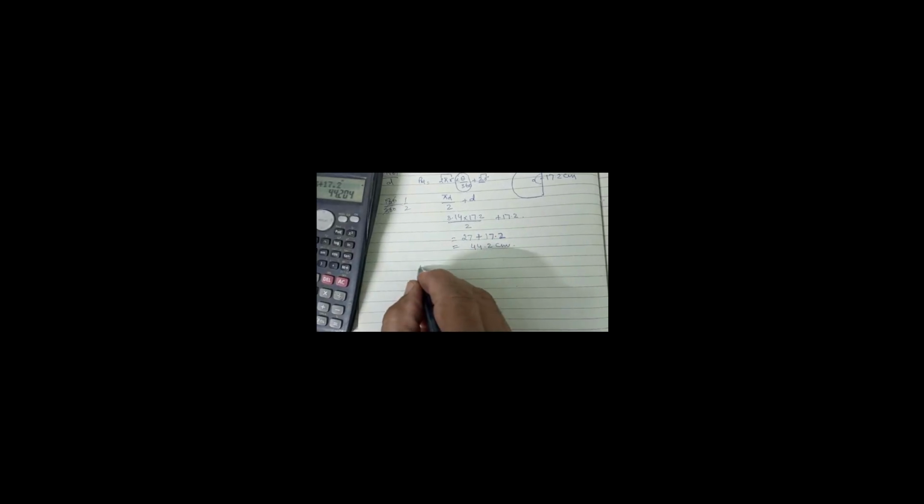Divided by 2, this part will become 27. Just ignore the 004, plus 17.2 is still there. So just add 17.2, and it will become 44.2 centimeter.